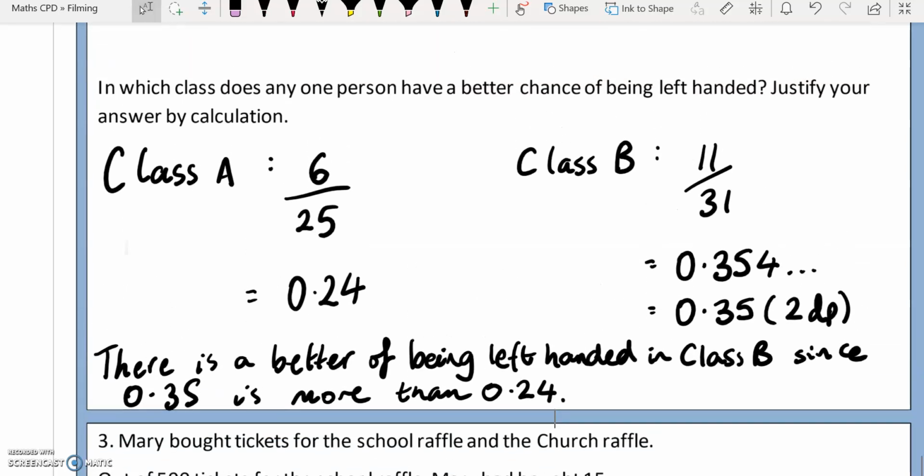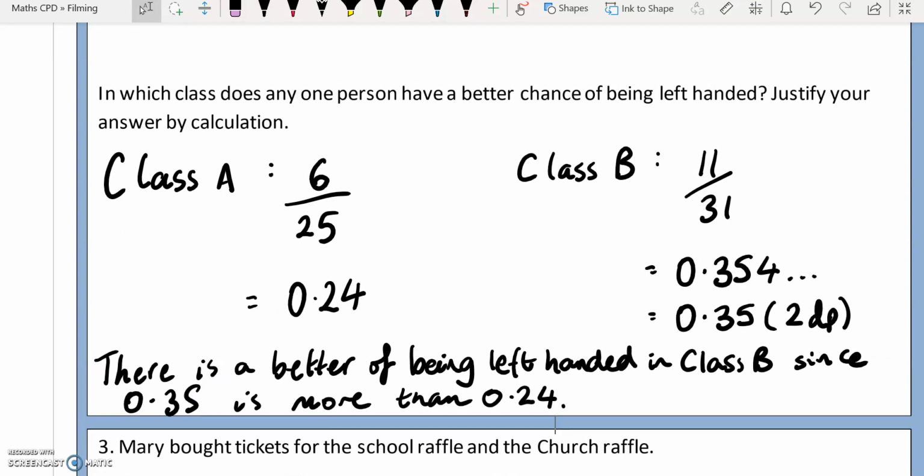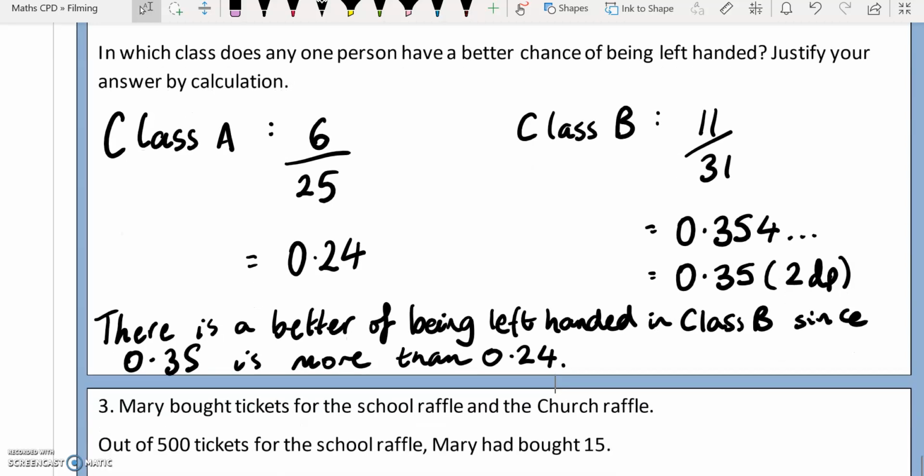So once again we have to calculate the probability as a decimal, and then we write a statement at the end that relates to the context of the question and has a numerical comparison.